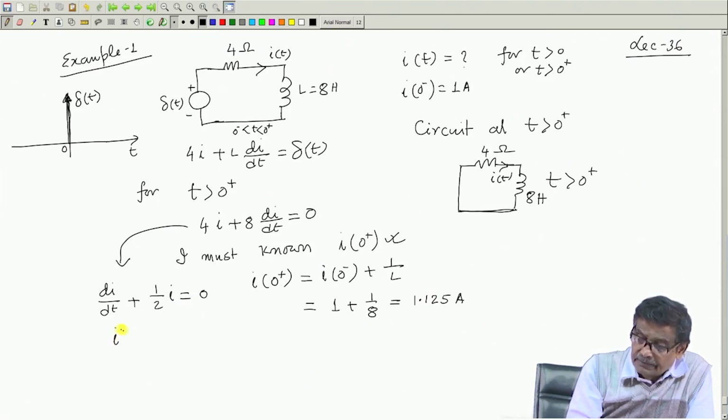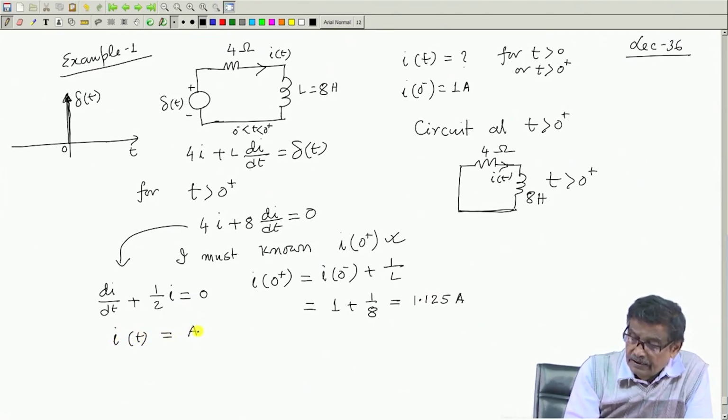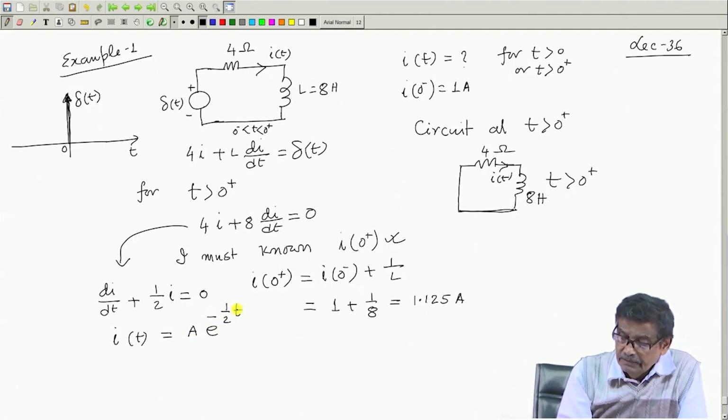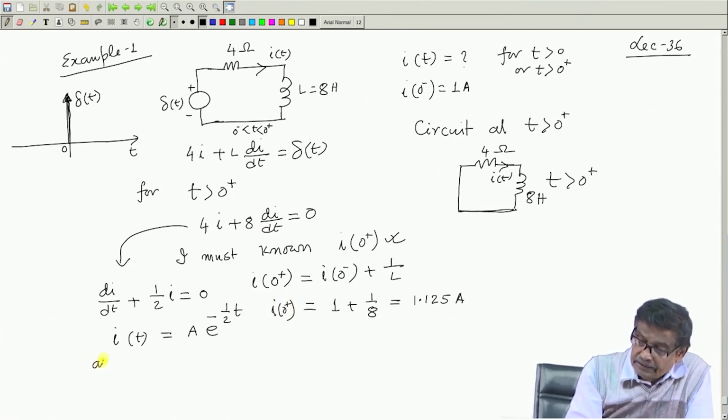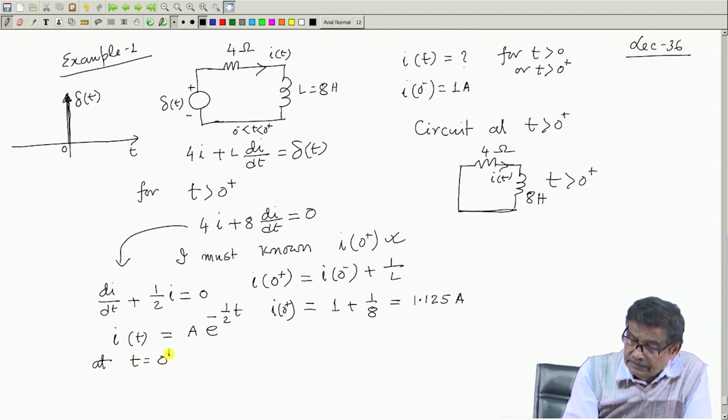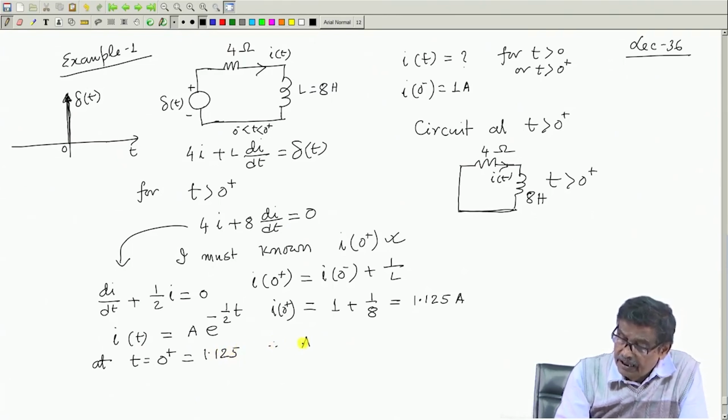So, I can straight away write I t will be equal to A into e to the power minus half t, and then I will apply this boundary condition. At t equal to 0 plus, the current is 1.125. Therefore, the value of A will be 1.125.